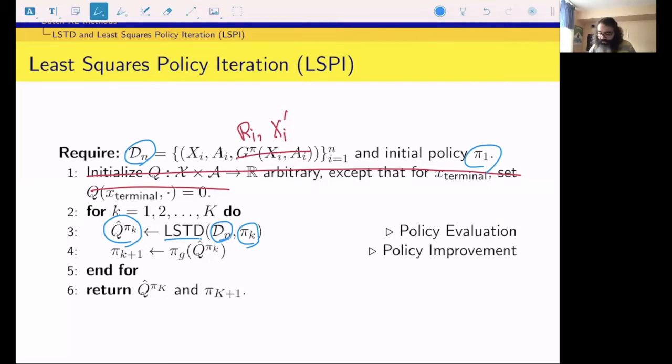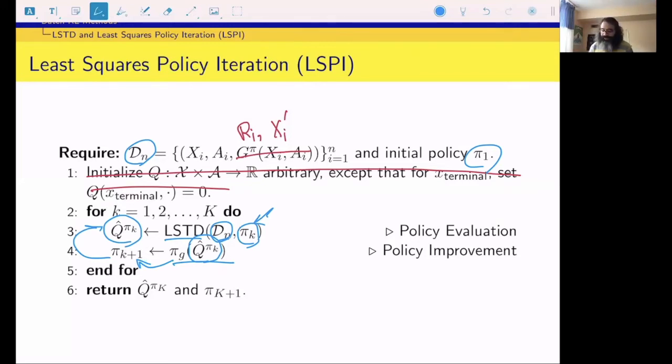Then we do the policy improvement step, which is just choosing the greedy policy with respect to this Q hat of pi k in order to get a new policy, pi k plus 1. At the next step, I evaluate this pi k plus 1 with the same data set using LSTD, and then repeat this for several iterations.